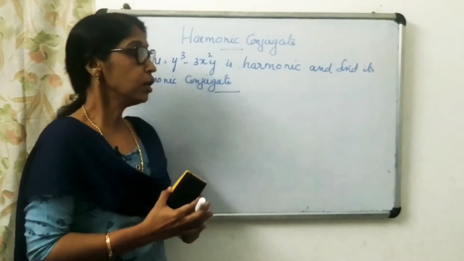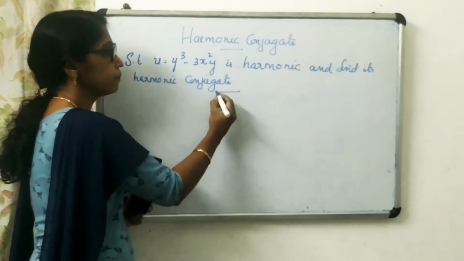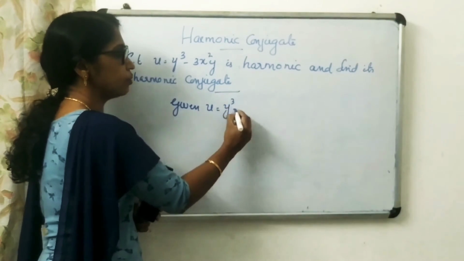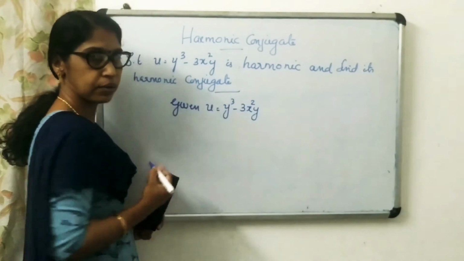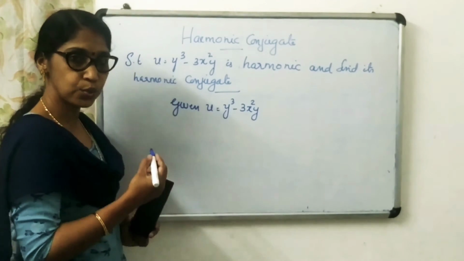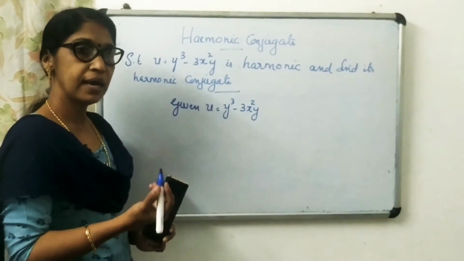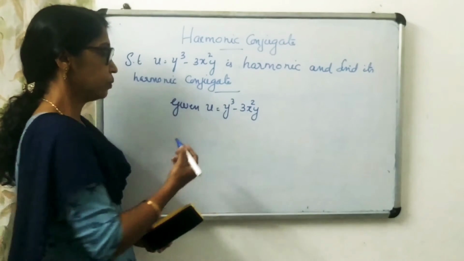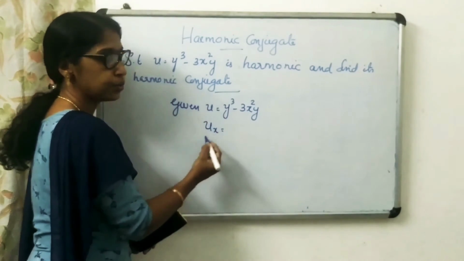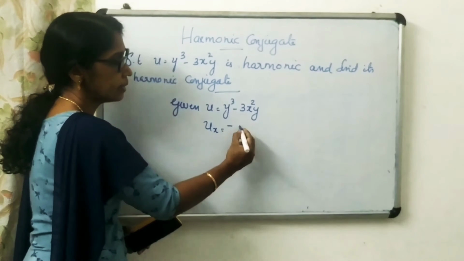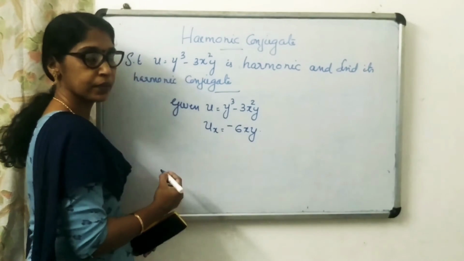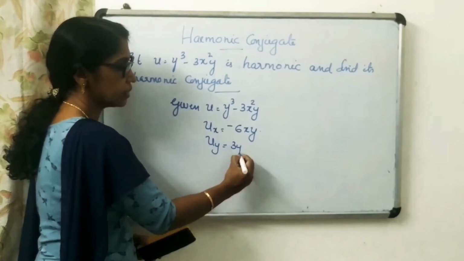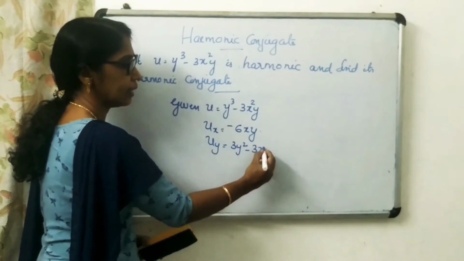Given u = y^3 - 3x^2 y, we have to find ux, uxx, uy, uyy, and show that uxx + uyy = 0. ux is the derivative of u with respect to x, that is -6xy. uy is the derivative of y^3, which is 3y^2, minus 3x^2.